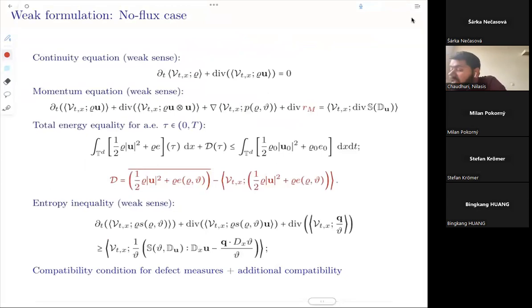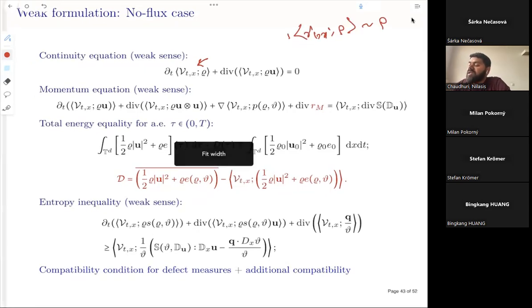So what was their idea? Roughly, you have a sequence maybe with some uniform bound. Now this is a little bit of abuse of notation, I would say. This is the barycenter with respect to this Young measure, and this is just a Young measure notation. So roughly you can just replace this mu t,x of rho by rho, and you get the same equation.